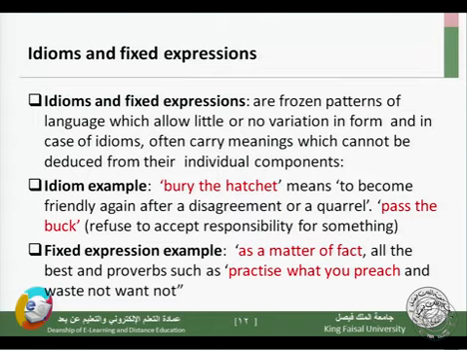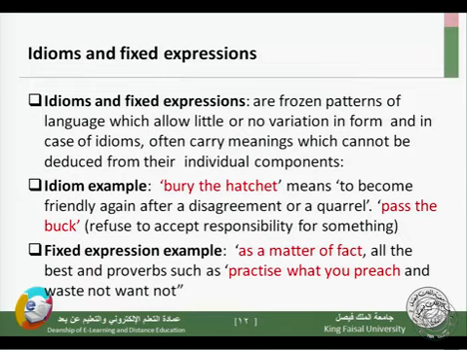It means that an idiom is a fixed, frozen pattern of language. You cannot change any word, neither in form, nor move one word into another position. They are fixed, and you can tell the meaning from all of it, not from the individual words.